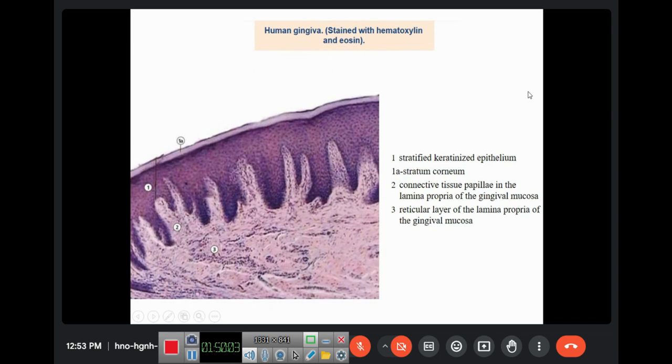Here we see the portion of the section of the gingiva. You see here the keratinized epithelium with stratum corneum where no cell nuclei are seen. And lamina propria makes very high papillae for strong attachment of epithelium.